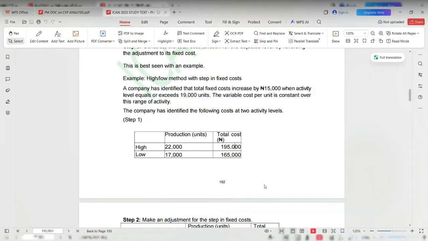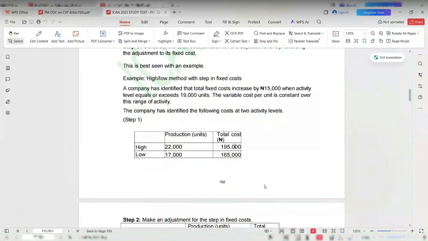All right. Thank you for that question. This is it now. They said that this company, if they are still producing lesser than or equal to 19,000 units, their variable cost will be this. But immediately they produce greater than 19,000 units, they will incur a step cost.